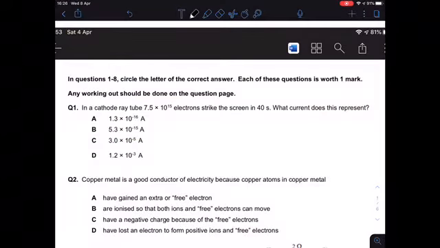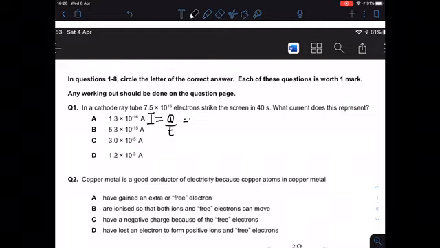Okay, if we start with the first question, which most people found quite straightforward, it was simple use of I equals Q over T. The total charge is simply the number of electrons, which we're told in the question, multiplied by the charge on each electron, which you should be familiar with by now.